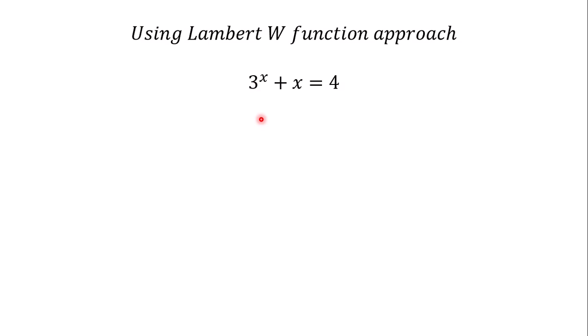Here we are having addition. But to use the approach, you should get something times e. Here there is no e, but the approach uses e. So you have to find a means of getting the e. What are you going to do?